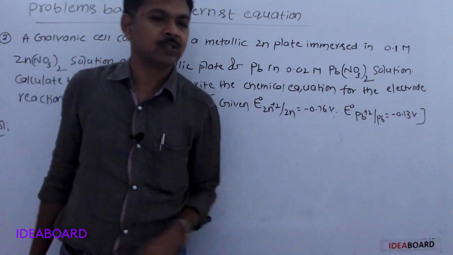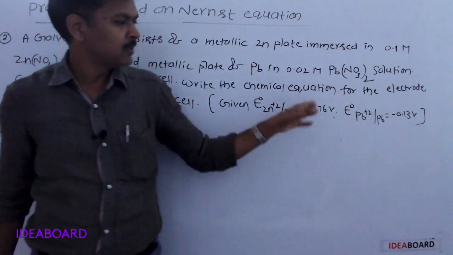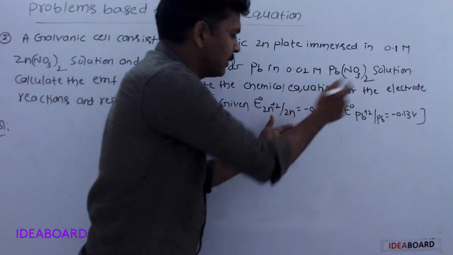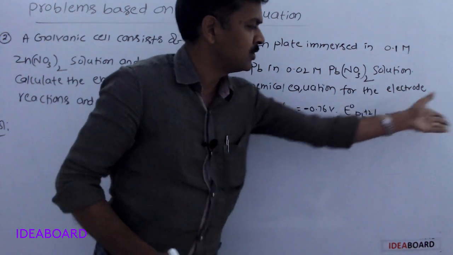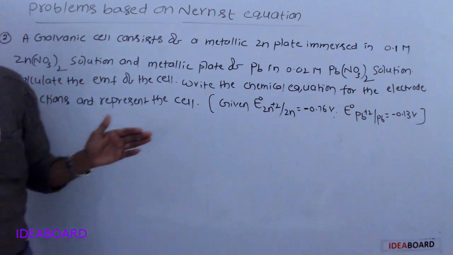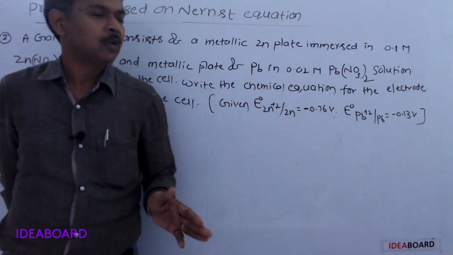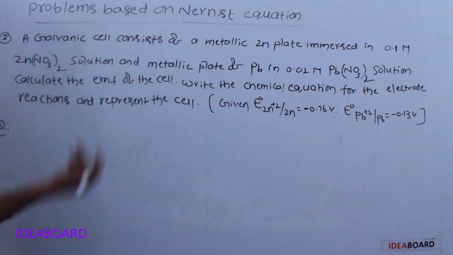Among these two, which one is the least value? Zinc has the least value, minus 0.76 compared to minus 0.13. So the electrode having the lowest SRP acts as anode. So zinc acts as anode, lead acts as cathode.